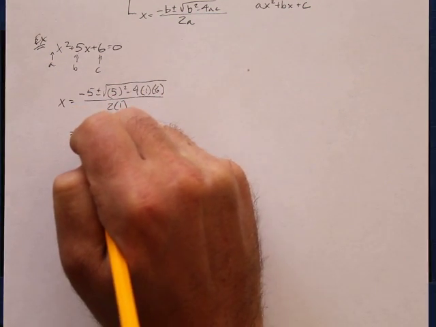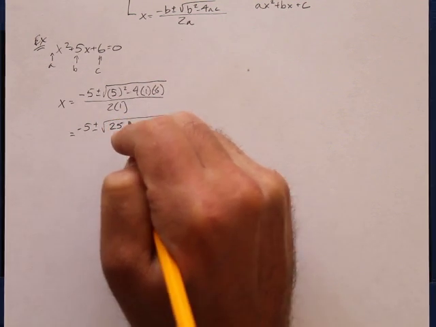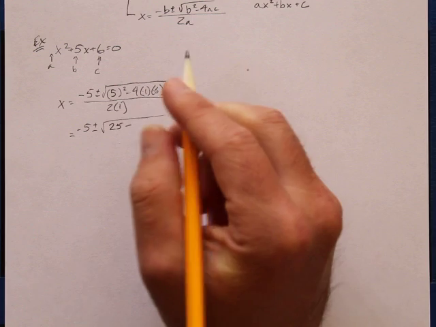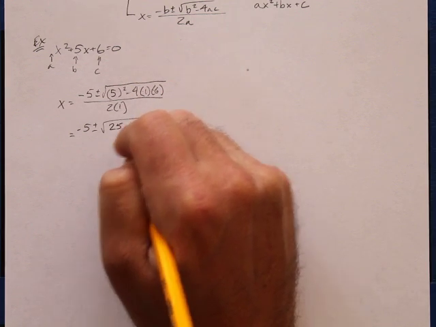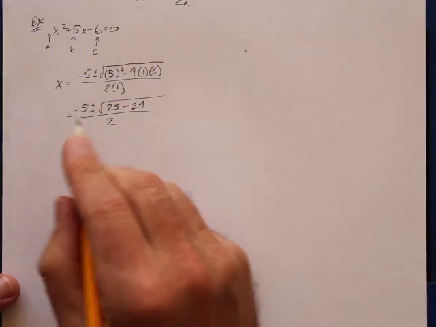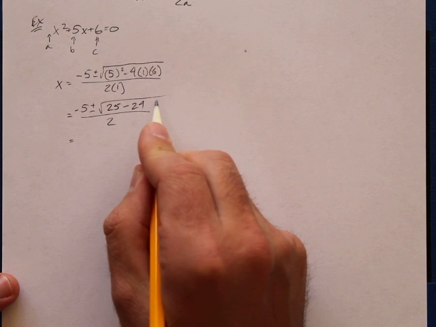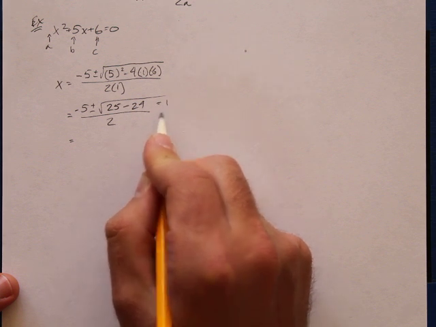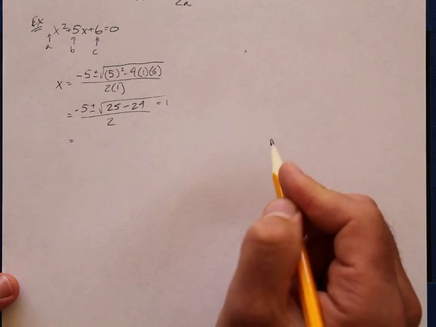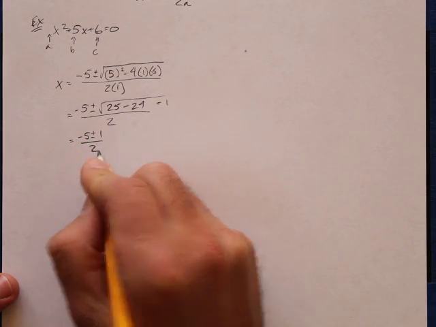Negative 5 plus or minus the square root of 5 squared is 25, minus 4 times 1 times 6 is 24, all over 2. Now I've got 25 minus 24 is 1, and the square root of 1 is 1. So I have negative 5 plus or minus 1 over 2.